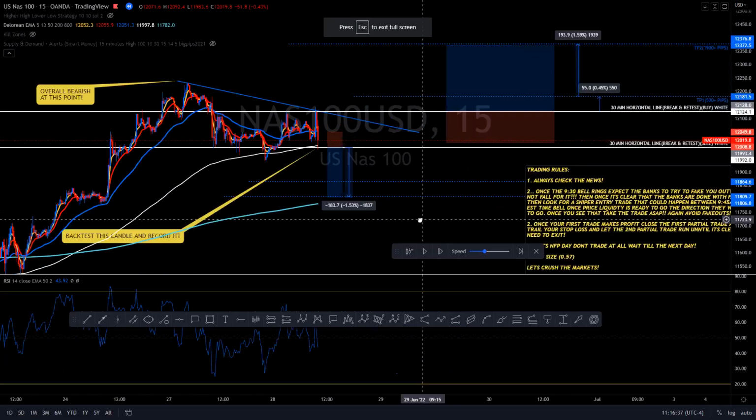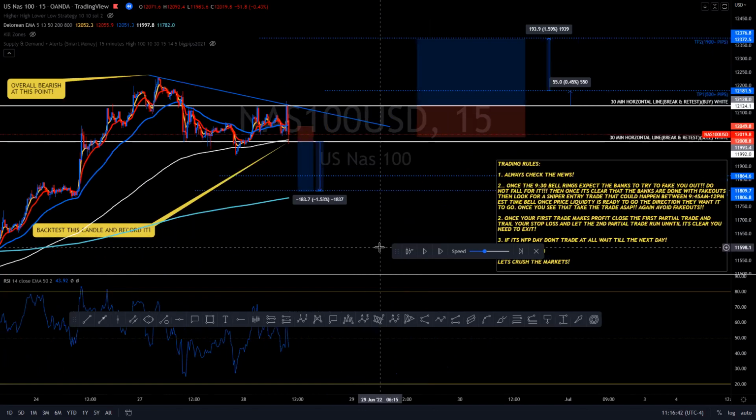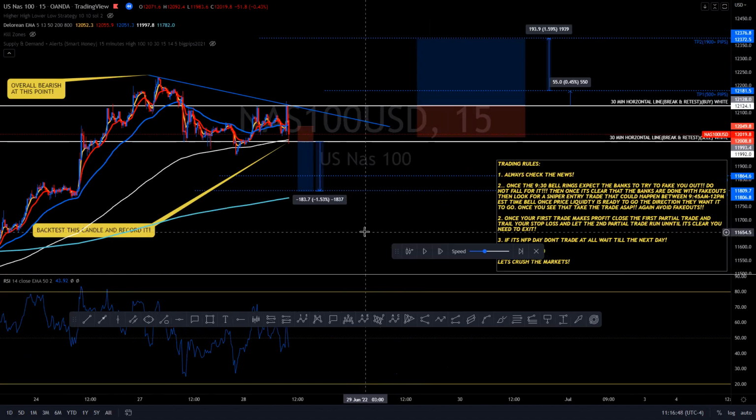We're going to backtest a session we did on Nas 100 just a little while ago. I profited and won this trade, but I did make one mistake that could have cost me the whole trade.